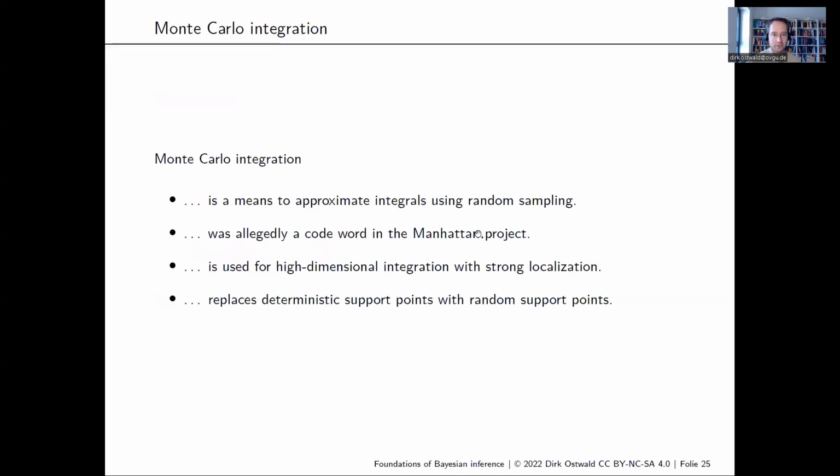So what is Monte Carlo integration? Here the idea is again to approximate integrals. So you have an integration problem, for example, finding the expected value of some distribution, or finding a normalization constant. And here the idea is to use random sampling.